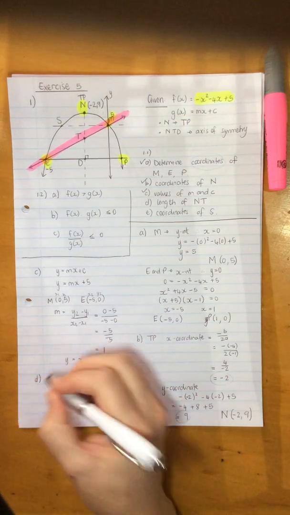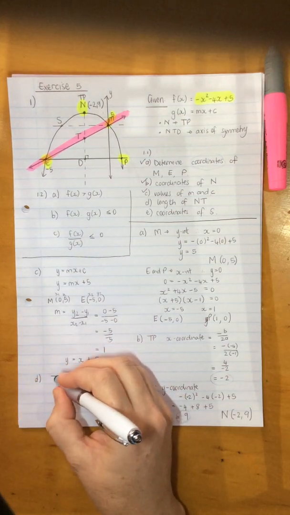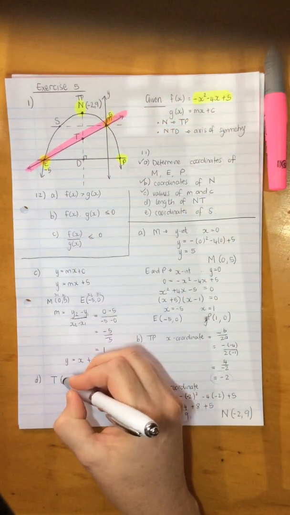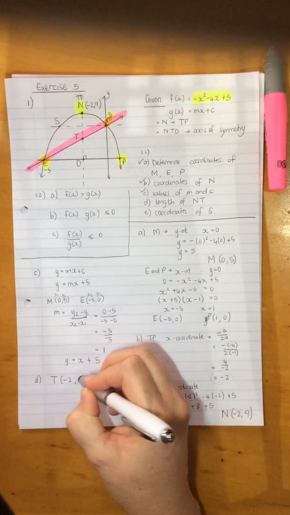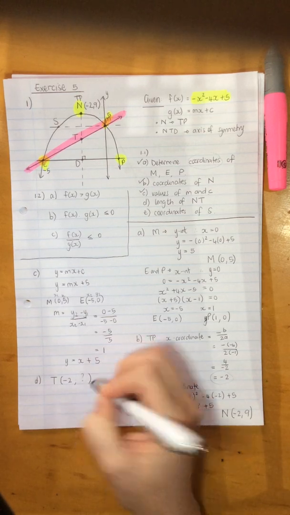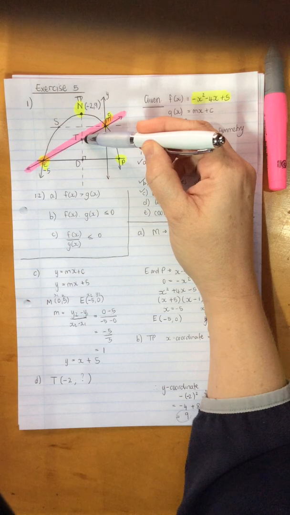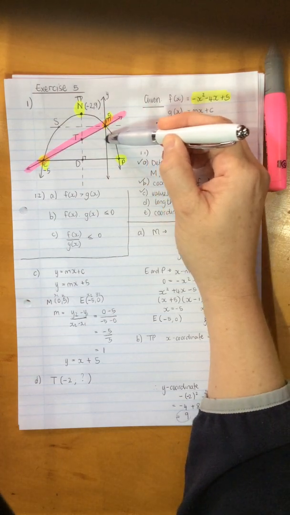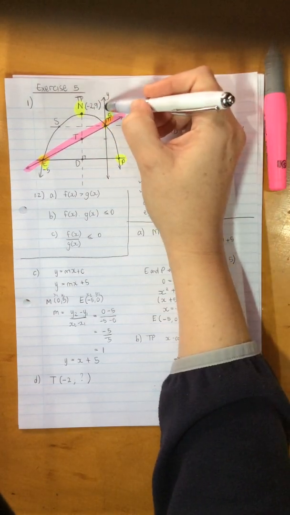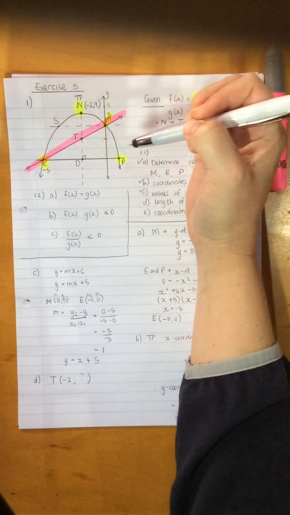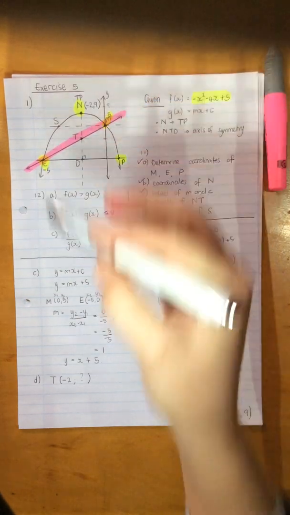So that means at this stage that T will share the same x coordinate as N. If I can work out the y coordinate of T, I will have that reading, and I have that reading is 9. Then I can work out the length of NT.